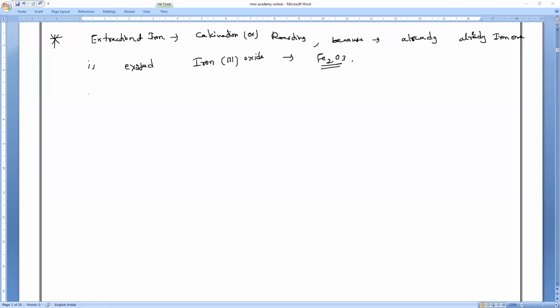So directly write the equation, guys. What will happen? Fe2O3 reacting with the carbon. If you heat it, what products will come? We'll get iron plus carbon monoxide gas. Then further, who is the reducing agent?